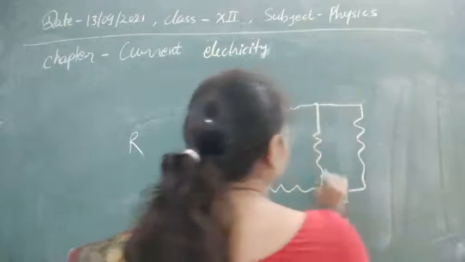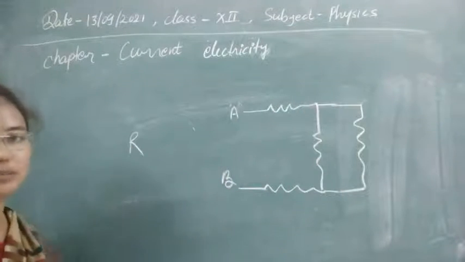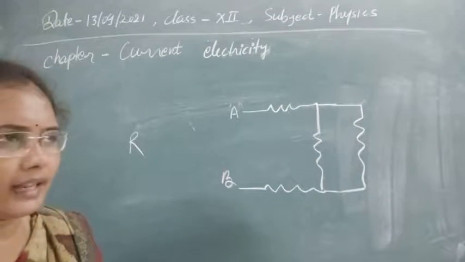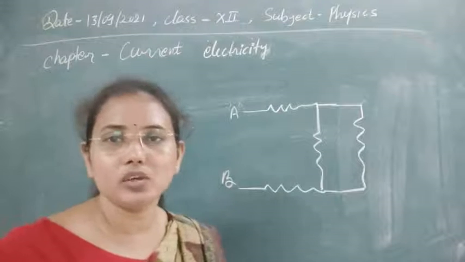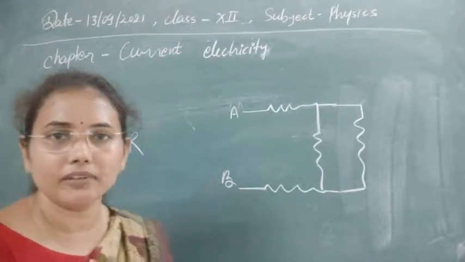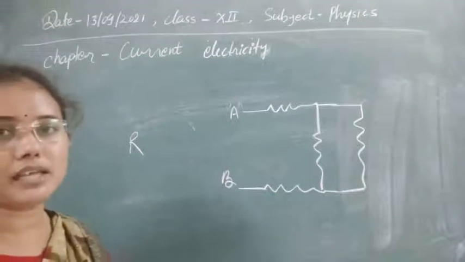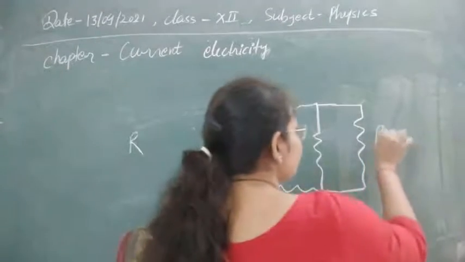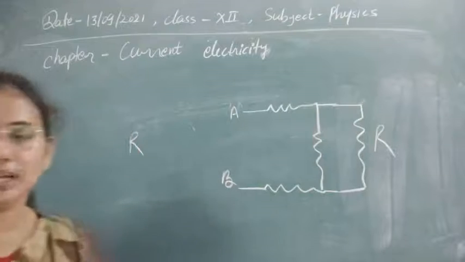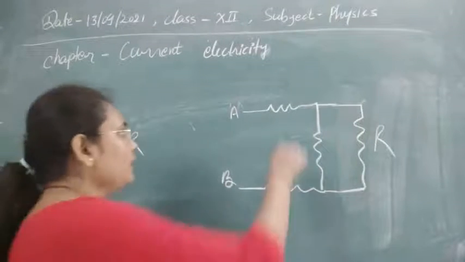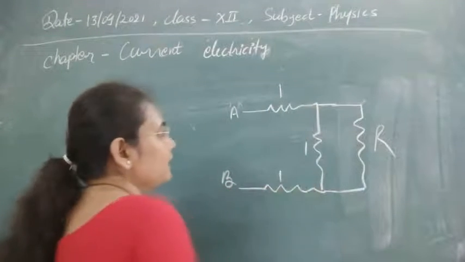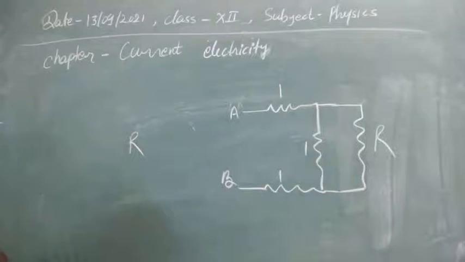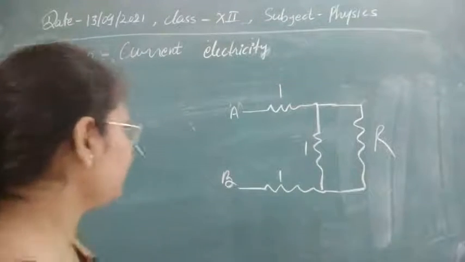It means if we cut only this portion from the infinite ladder, there will not be any change in the ladder, because it is an infinite chain of resistances, and it will have the same equivalent resistance as the whole circuit. So suppose this equivalent resistance we have taken is R, and all other values are equal to 1 here. Now we can solve this circuit very easily.